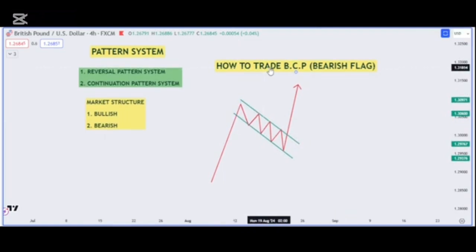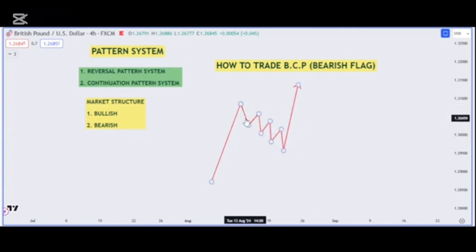So now, how to trade the bearish flag? You have to wait for price to break this trend line. So the moment you are able to identify a pattern like this, that this is a bearish flag, you need to use a trend line.